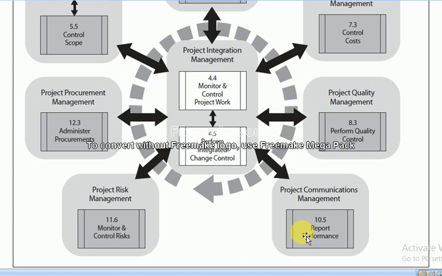Step number 10 is create forecasts. Dear students, the project monitoring and controlling process group does activities to create forecasts. What will be the budget of the project at the completion stage?